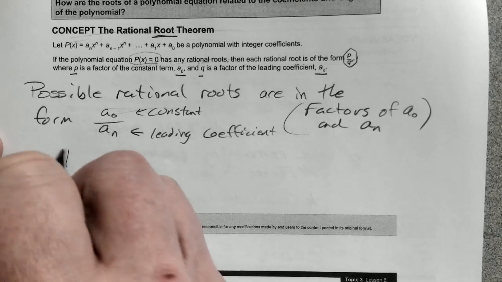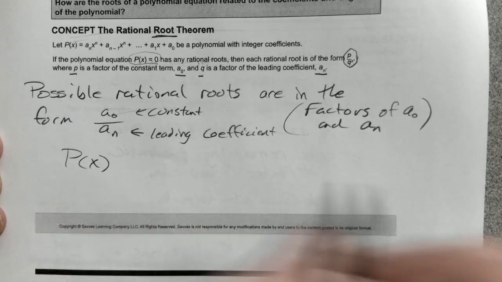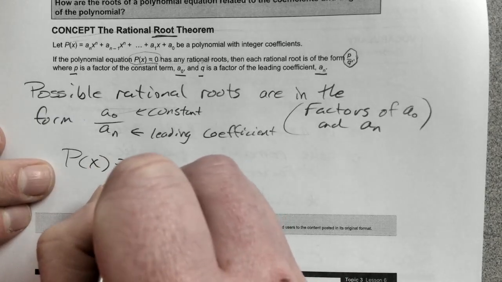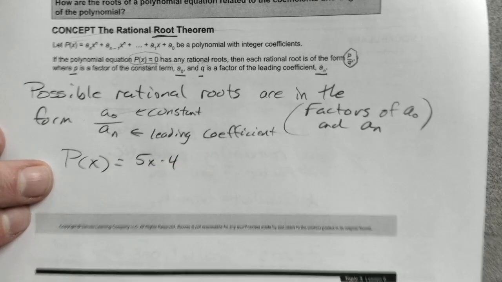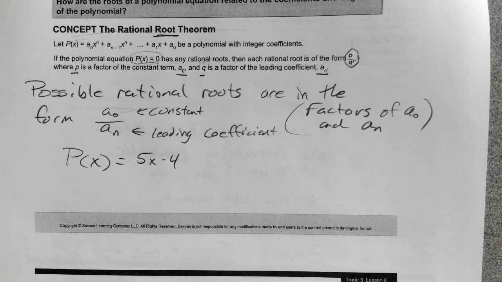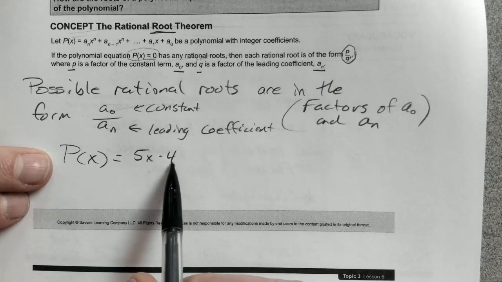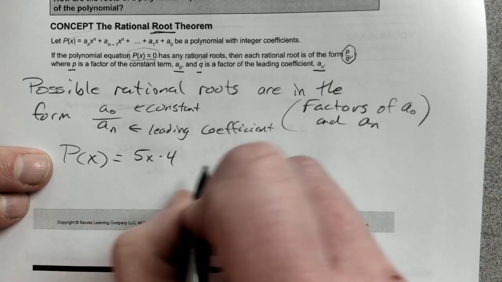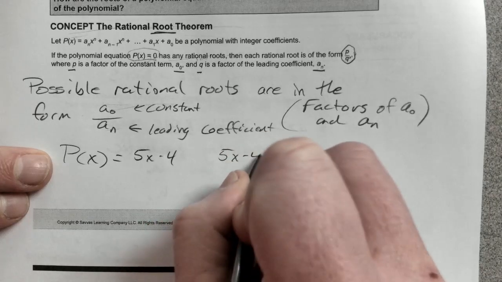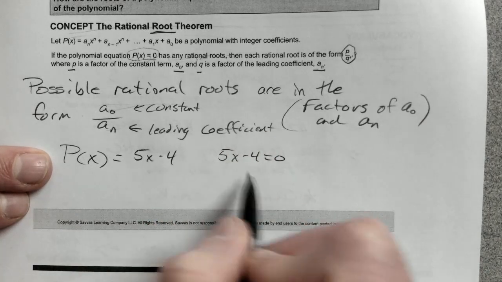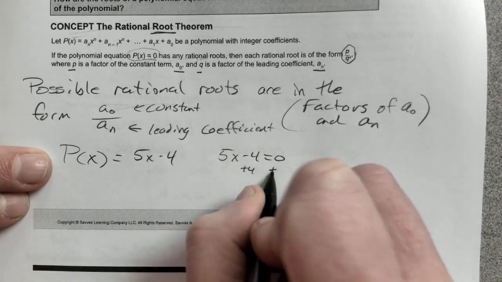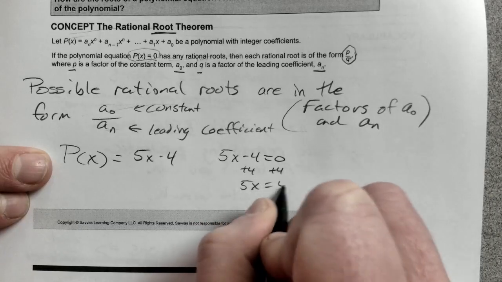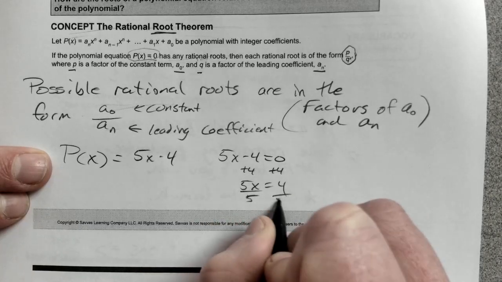So if I take a look at a very, very basic polynomial function, like 5x minus 4, how do I know the leading coefficient? How do I know the constant? So the way I like to think about it, if I were to solve this equation for 0, 5x minus 4 equals 0, I would add the 4, and 5x would equal 4, and then I would divide by 5.